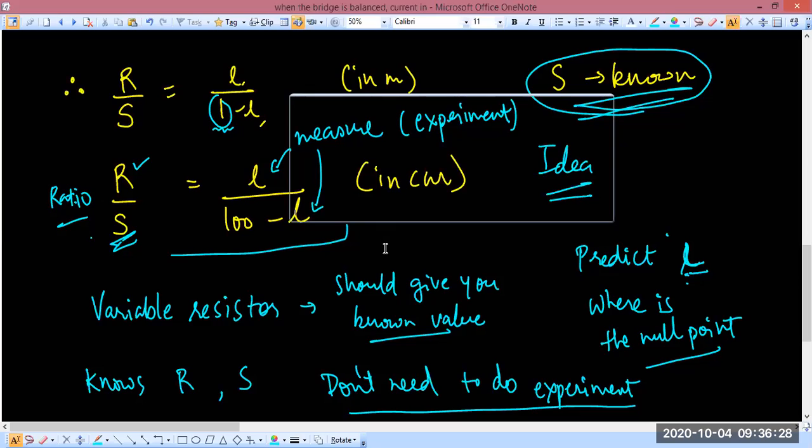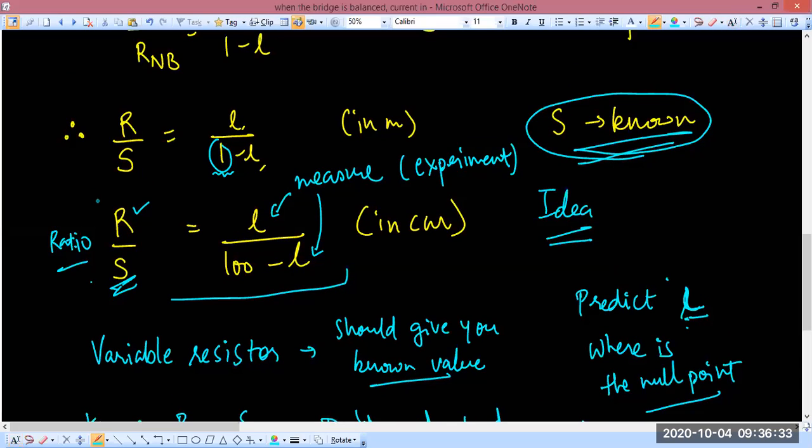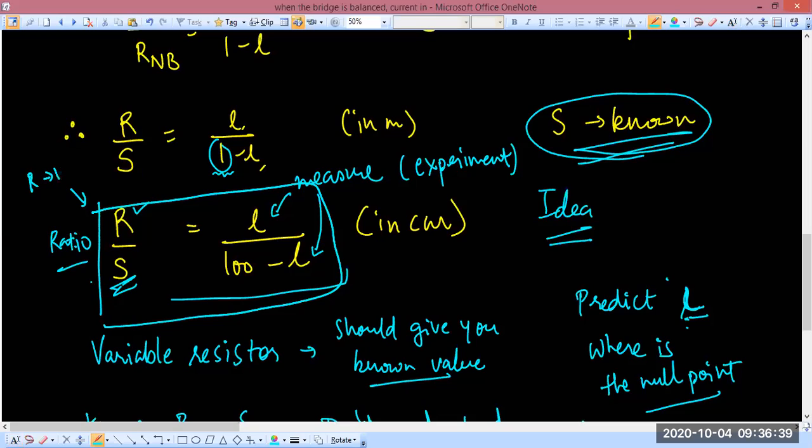Okay, if you want to use this formula R upon S equal to this, then you must connect R at positive terminal. I mean R on the positive side. Okay, I hope you understand what I'm saying.